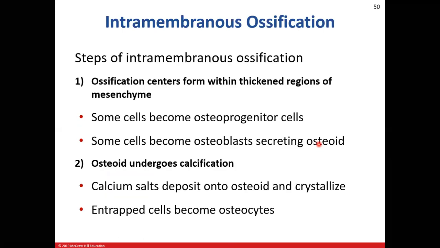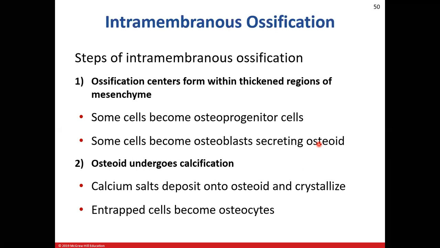So when we look at the steps of intramembranous ossification, we have an ossification center, which is basically the major point or the major region where the bone begins to develop. So this ossification center forms within the thickened regions of a type of tissue called mesenchyme.